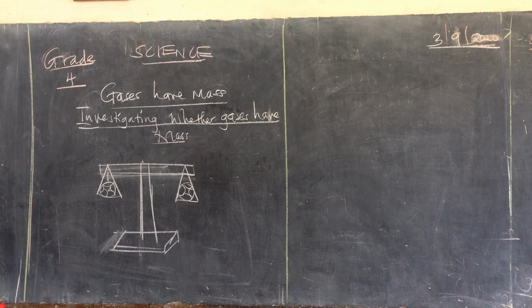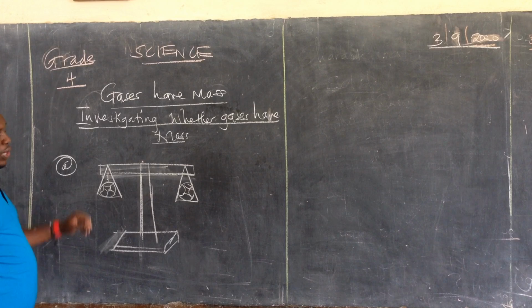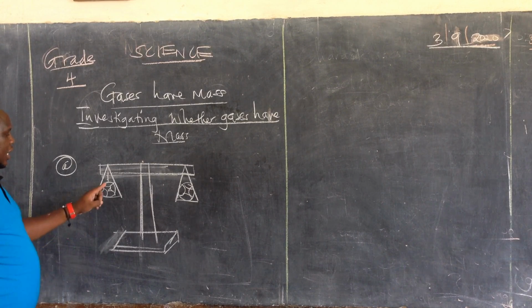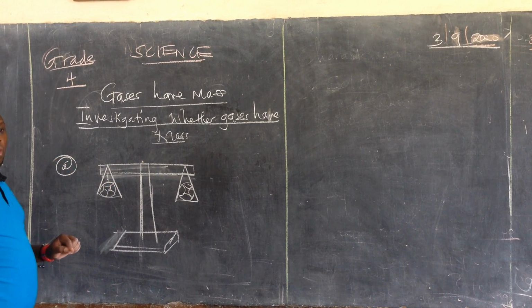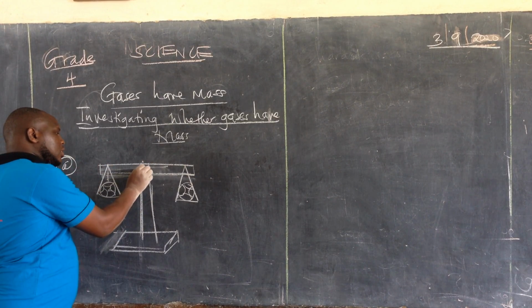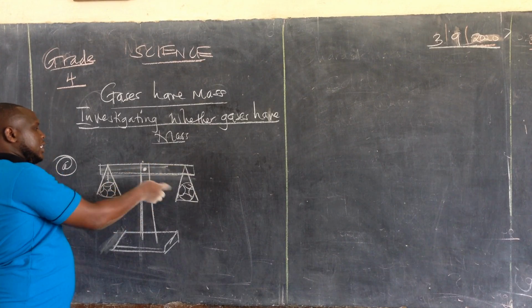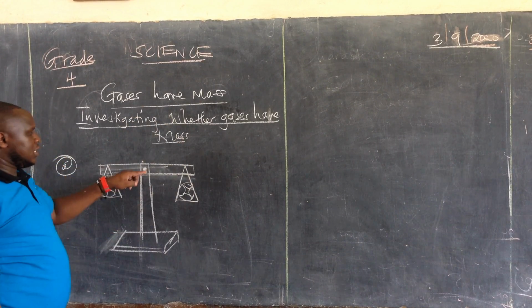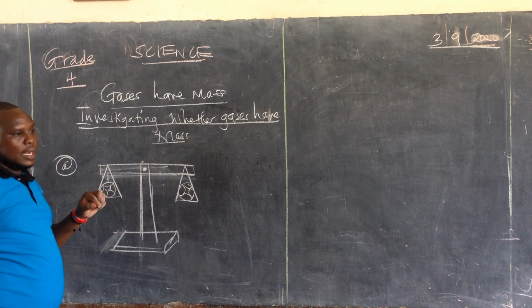But now I want you to do another experiment, that is experiment A. So in this case, what are you going to observe? You're going to realize that if the balls are the same size and you place them on a balance here, remember this is rotating. It can rotate this way or the other way because it's tied here using a nail.